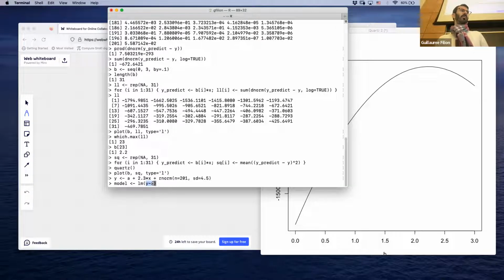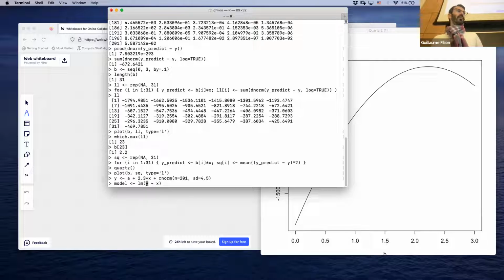Writing y tilde x is used only for the function lm in R. There's not really any other function that uses this notation. Of course, the function lm is very frequent, but it's still kind of weird that it would have its own syntax. So the model here is fitted with the function lm, and then you use y tilde x.